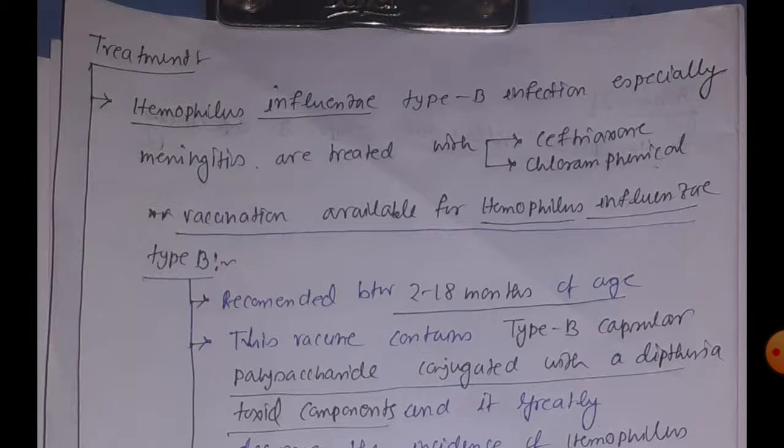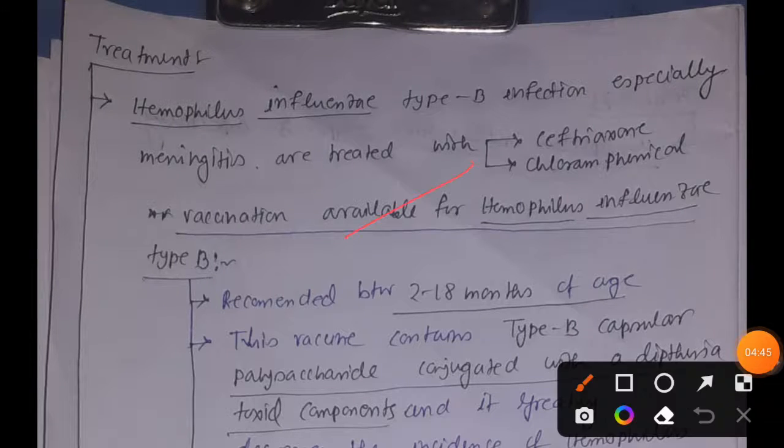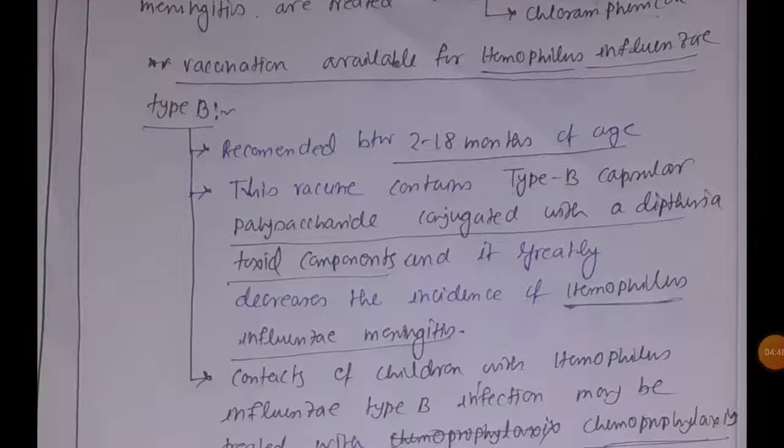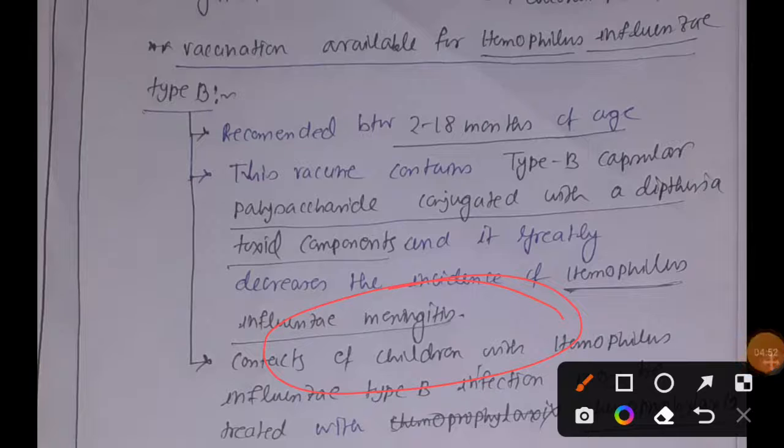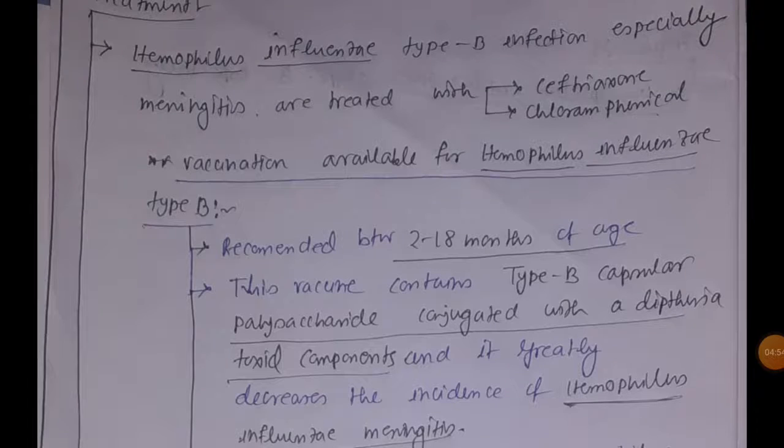So that is all about type B drugs. We can use chloramphenicol, we can use ceftriaxone, we can also use chemoprophylaxis with rifampin, and vaccinations are also available.